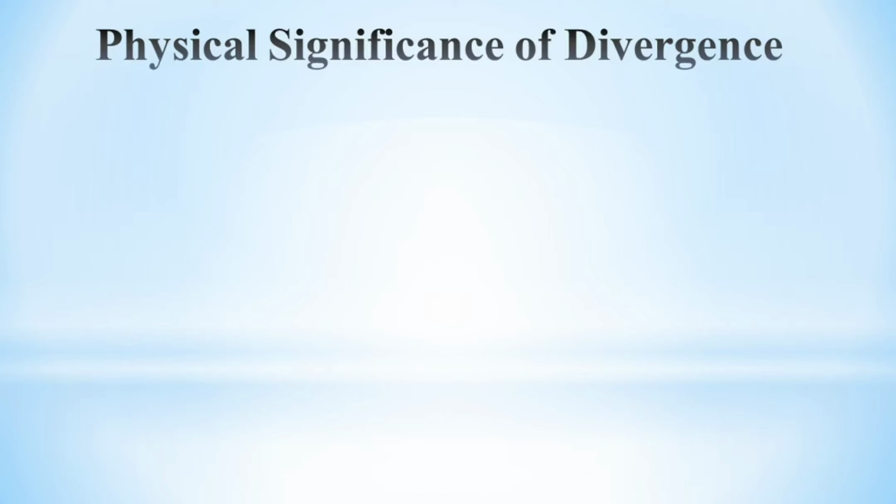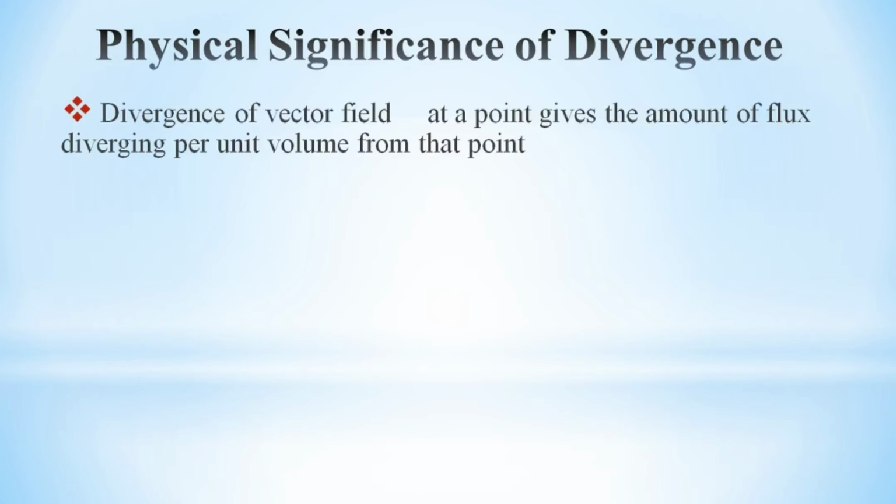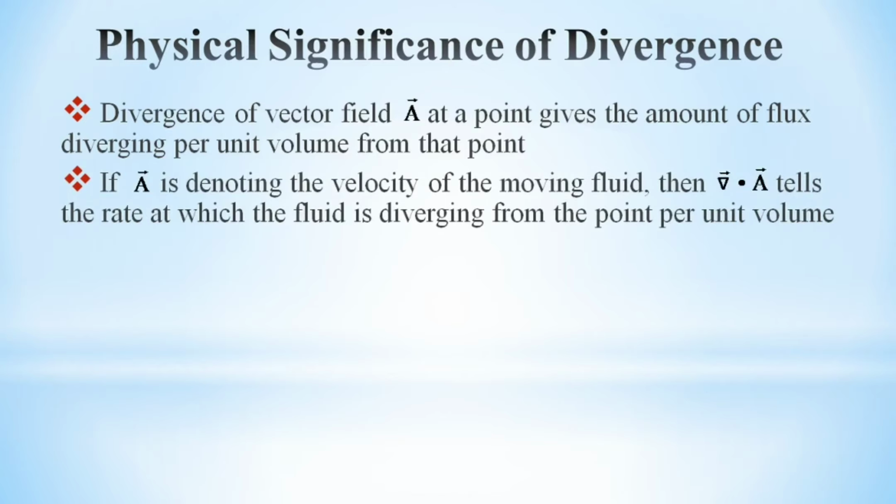Let us see what is the physical significance of divergence. Divergence of a vector field A at a point gives the amount of flux diverging per unit volume from that point. If A denotes the velocity of a moving fluid, then del dot A tells the rate at which the fluid is diverging from the point per unit volume.